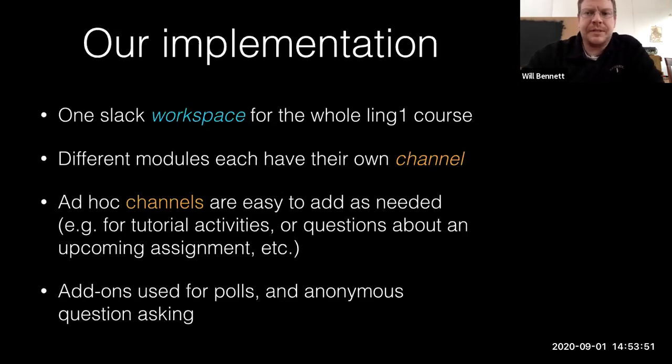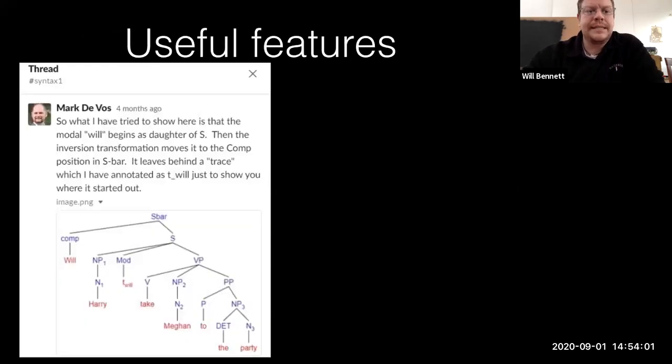So we thought we'd just bring a couple of screen grabs to show some of the useful features of this platform. So one is that it supports images quite effectively. So this is a syntactic tree. These are a nightmare to try to draw in text if you wanted to even attempt such a thing.